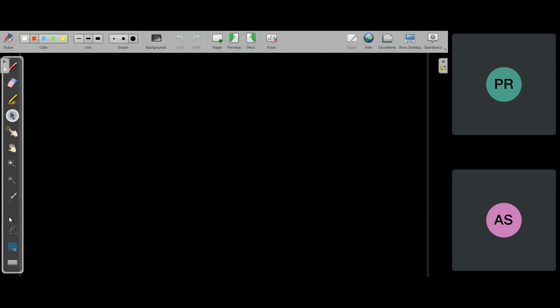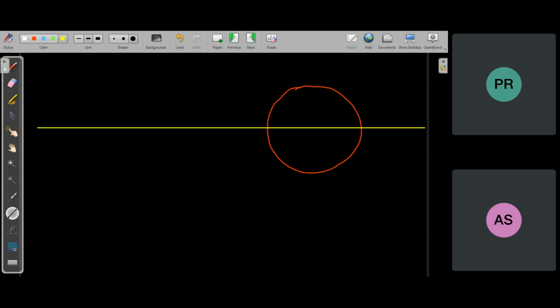For example, suppose this is one sphere, and this is the line passing through the center of that sphere, and here another particle is approaching horizontally.